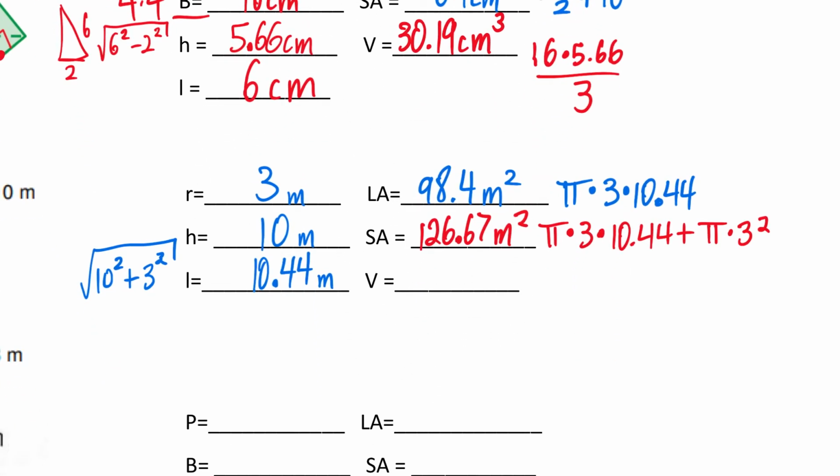Now for the volume, it's pi r squared times h divided by 3.